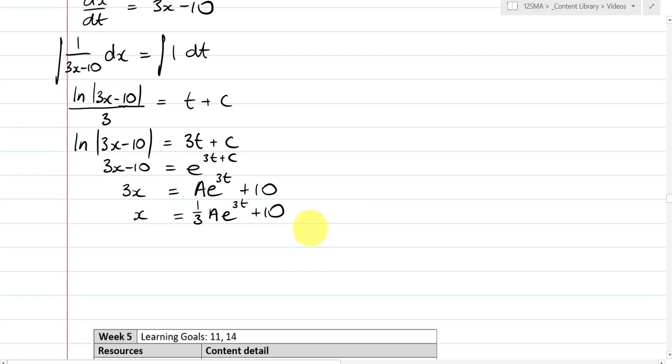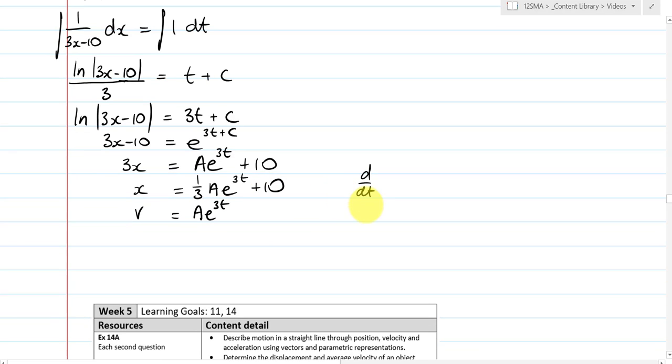Which means that we can now differentiate, so we can do d/dt of that to determine our velocity. So velocity is equal to, 3 comes out the front, and I end up with just a e to the 3t, and the 10 disappears. Then I differentiate velocity again to give me acceleration equal to 3 times a e to the 3t.